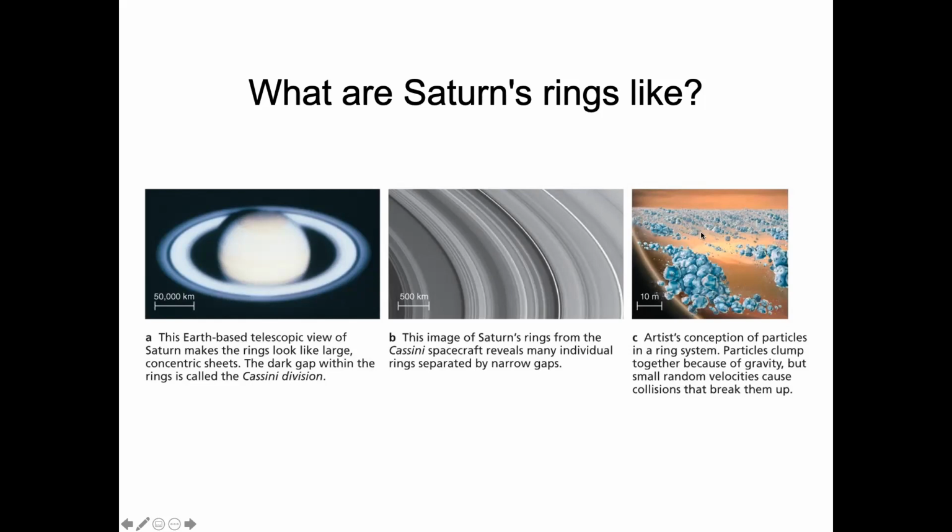This is an artist's rendition of what that ring system around Saturn looks like. And we believe that it looks like these very small, or well, I shouldn't say very small, because these are 10 to 20 meters across, but clumps of ice that have been brought together by gravity that orbit in a very, very narrow disk shape around Saturn, specifically in its equatorial plane.